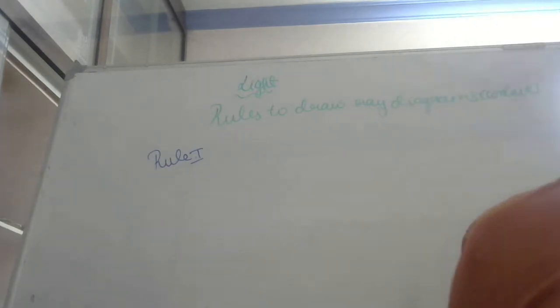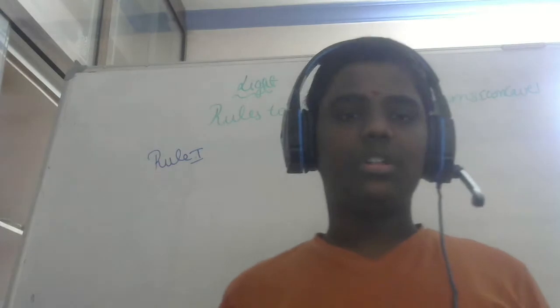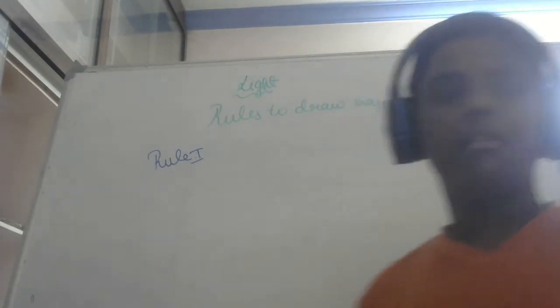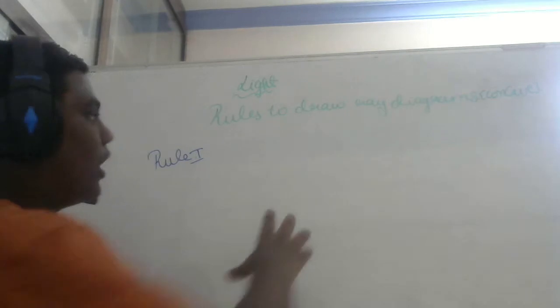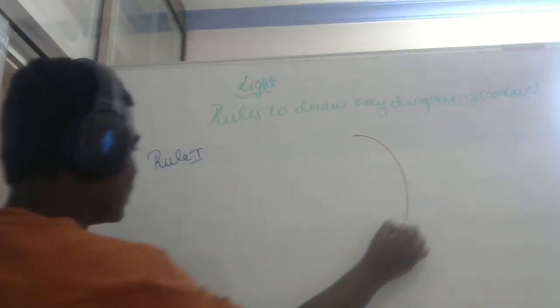I suggest people who are watching this video to draw along with me so that you get practice. Firstly, to know all the rules, we need to have a concave mirror. So, what is a concave mirror?